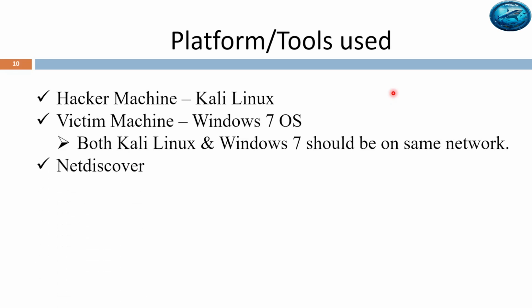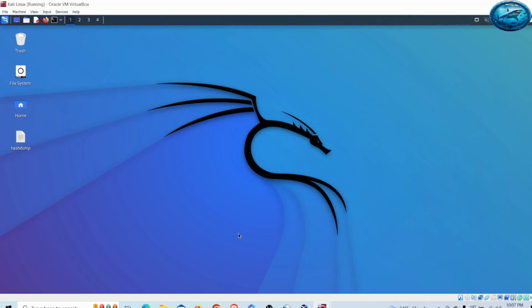Further, we will use the Netdiscover tool to find the IP addresses of our Windows 7 victim machine and the gateway. Also, we will use a tool called Ettercap. It is already available on Kali Linux; you can search for it and find it. Now, without any further delay, let me take you directly to the demonstration.